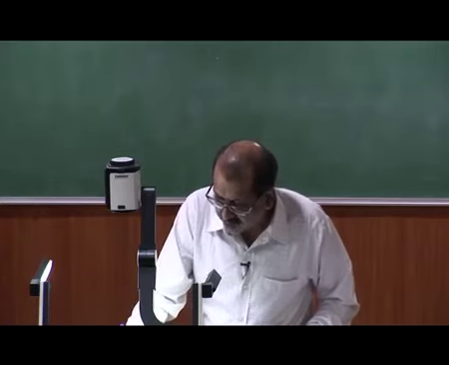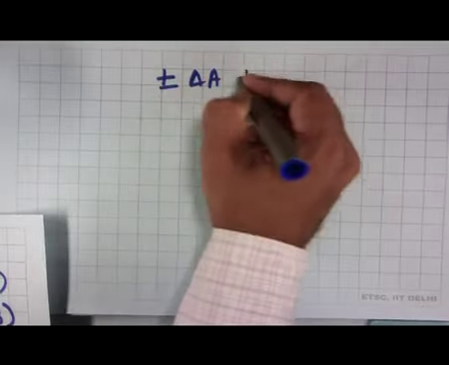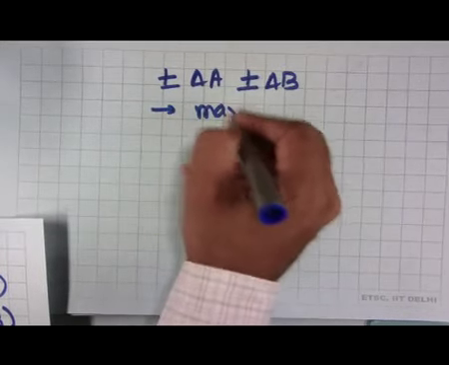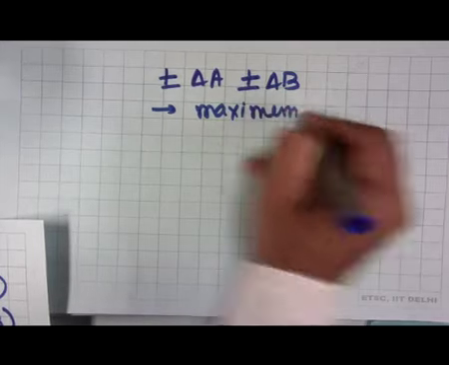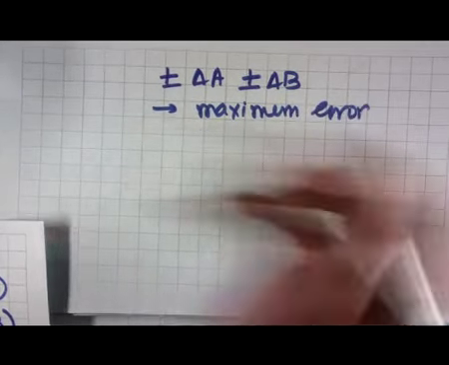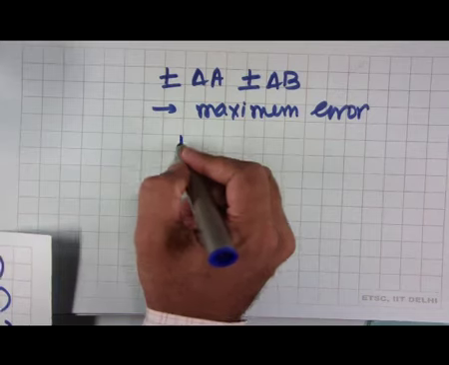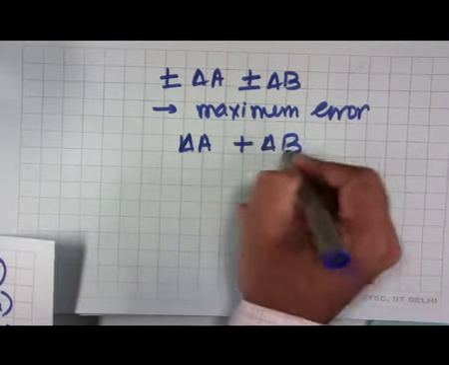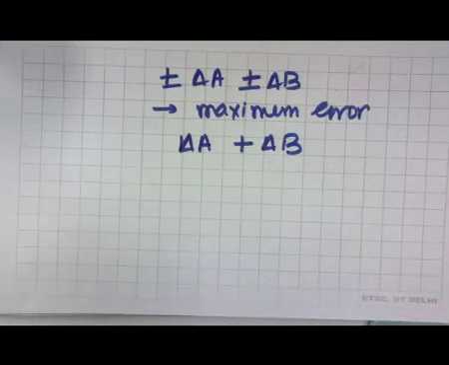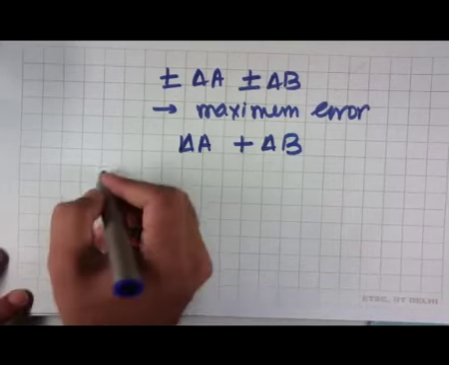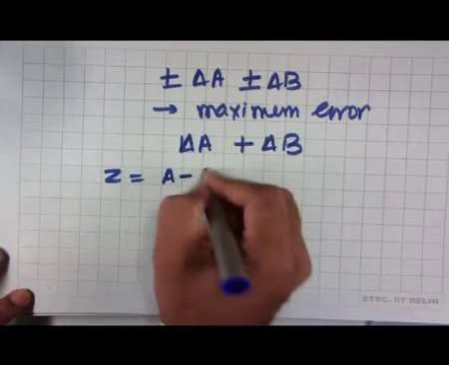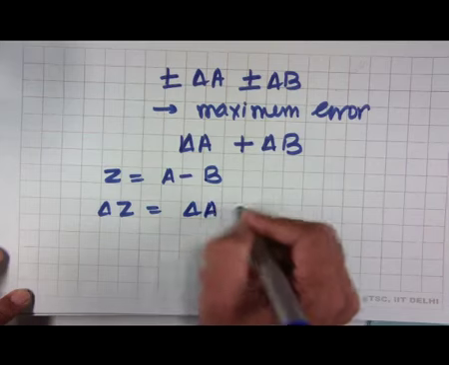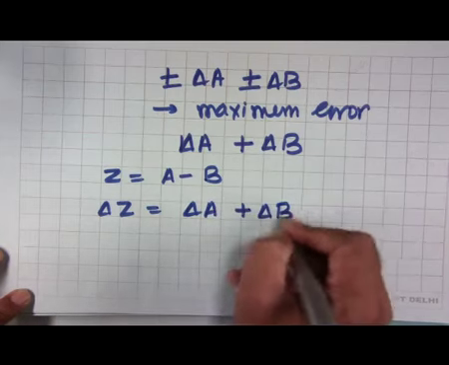so we have plus minus delta a plus minus delta b, and if we look for the maximum error here, then it will be clear the maximum will be whatever is the biggest number which can come from here. So, that will be delta a plus delta b. So, therefore, even when we subtract, so if z is equal to a minus b, then delta z will be equal to delta a plus delta b.